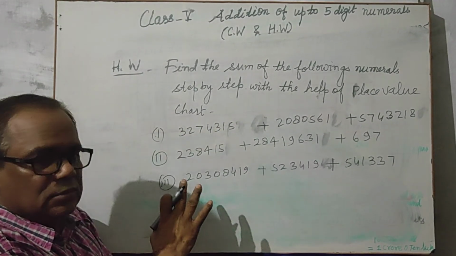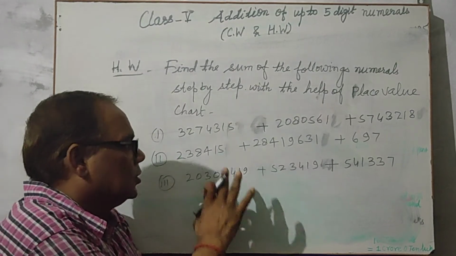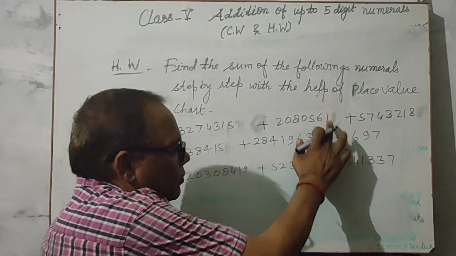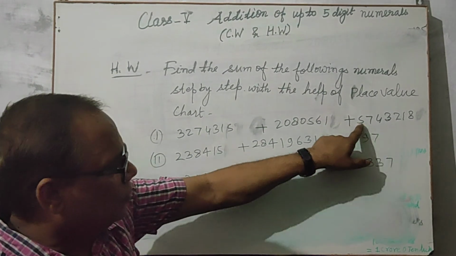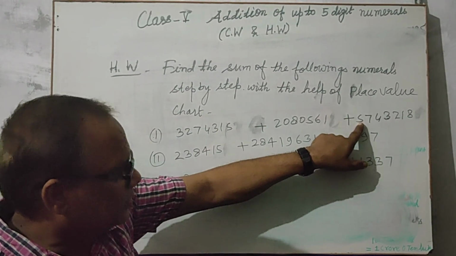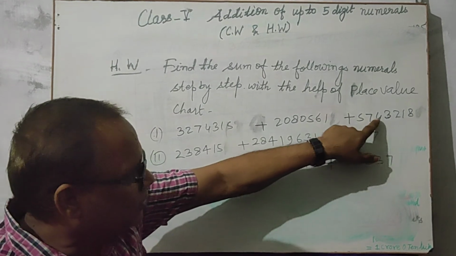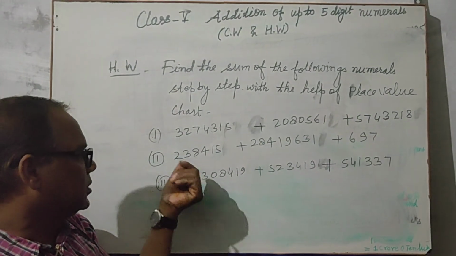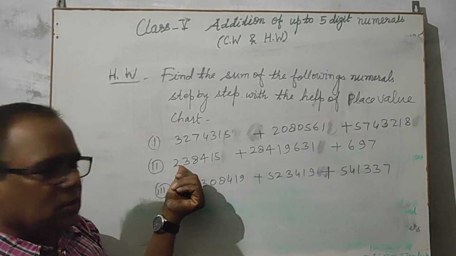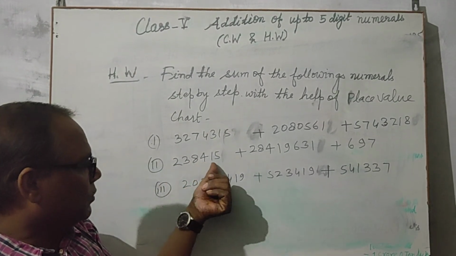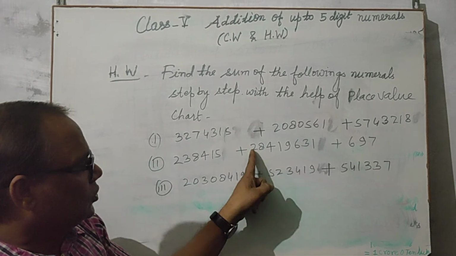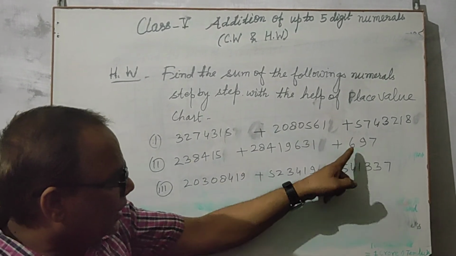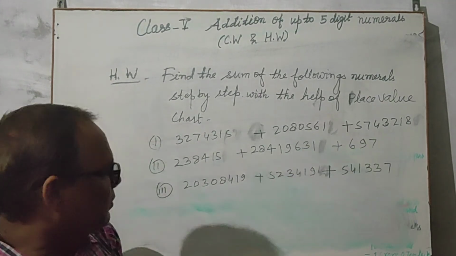First question: 3274,315, 208056, 1,5, right, 5743,218. Second question: 238415, 28419,631 and 697.